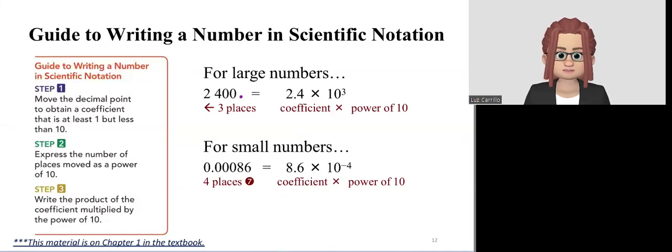In order to do that, I'm going to move this decimal place 1, 2, 3 places. Now it's going to live here. So overall, we observe that this 2.4, which is the two numbers that carry meaning, is placed as the coefficient. And with that, we are meeting step 1.